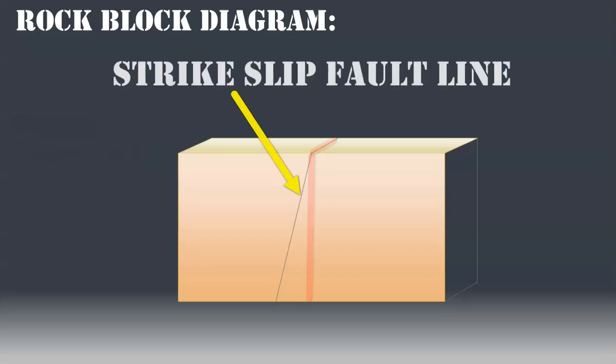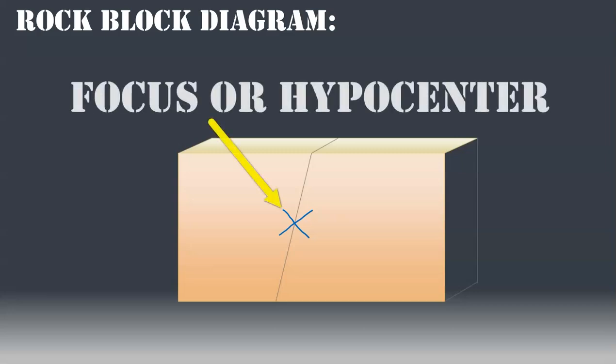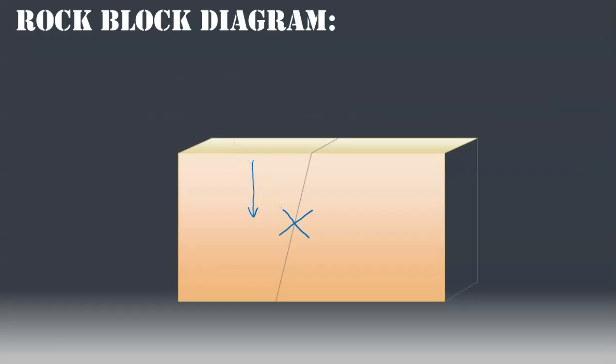In terms of the anatomy, if we put another X marks the spot, this is the exact place where the earthquake occurs. This is called the focus or the hypocenter. Now this is at a certain depth under the ground, and some textbooks say there is a defining depth at which the earthquake occurs, which would define whether it is a shallow or a deep earthquake.